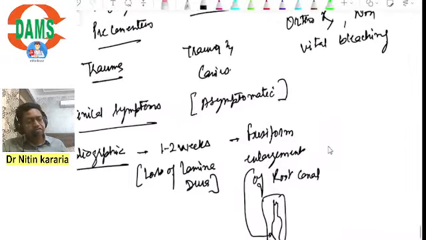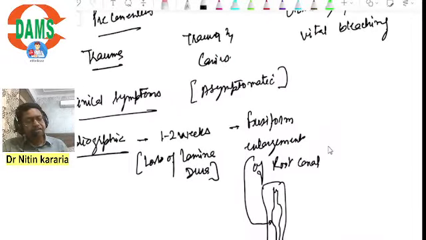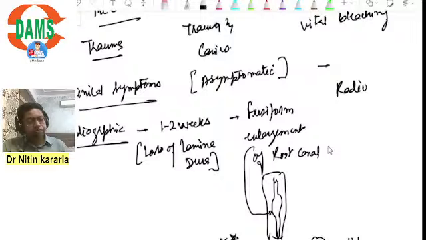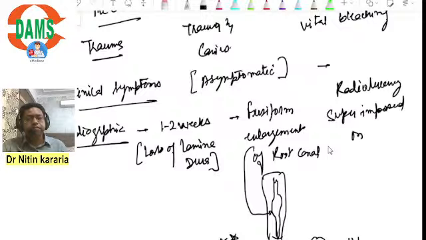Okay, in cases of external cervical resorption, there is radiolucency superimposed on the root canal.